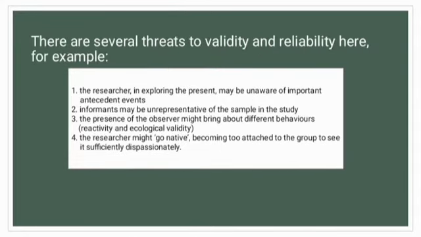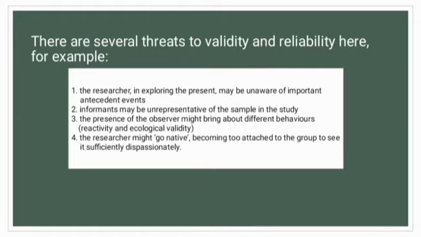Next, there are several threats to validity and reliability here. For example, first, the researcher in exploring the present may be unaware. Second, informants may be unrepresentative of the sample in the study.